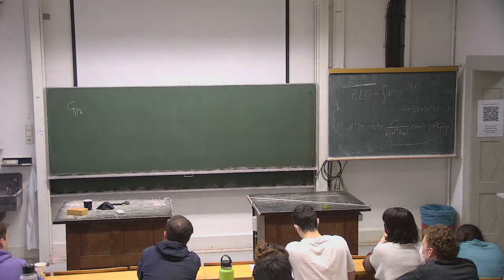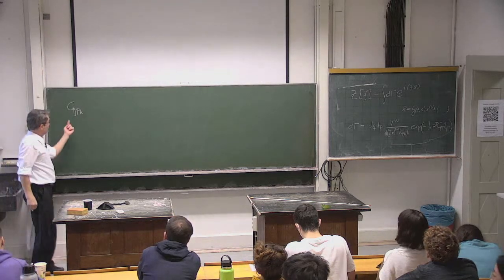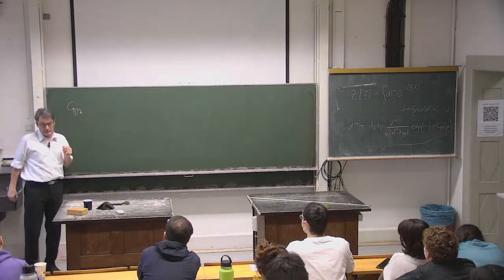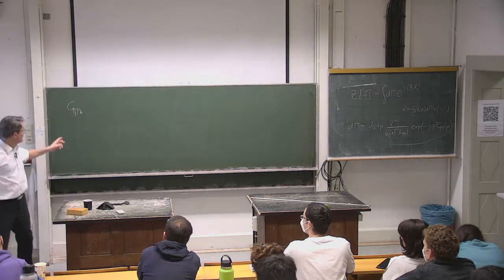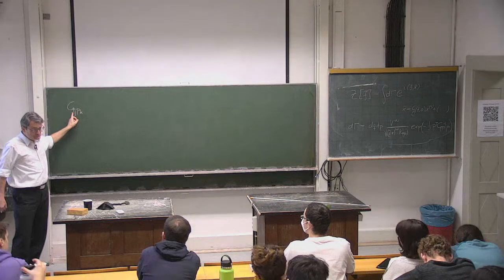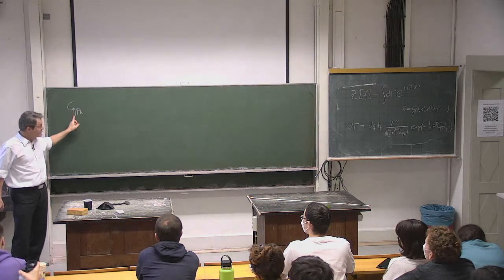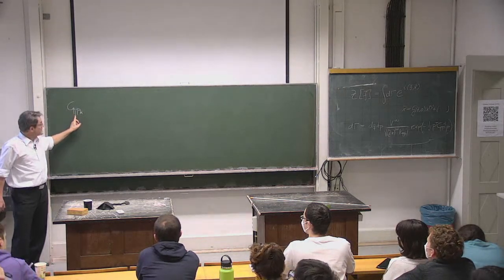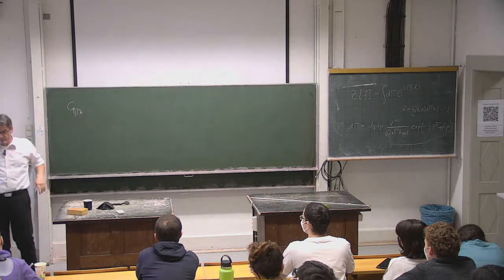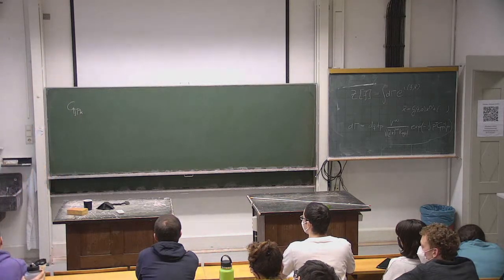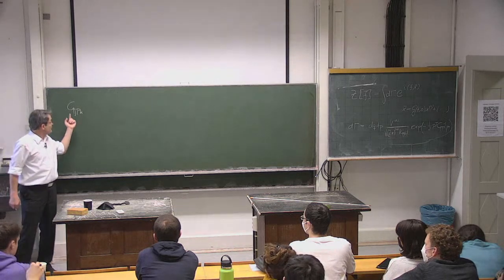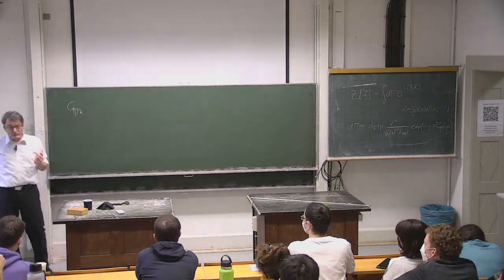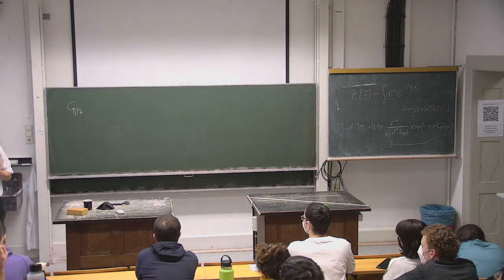C_P^{jk}. So this is meant to be the correlation between the momentum at particle position J and the momentum at particle position K. Right? So these are two vectors that we have to cross-correlate. So the complete correlation function is a 3×3 matrix.